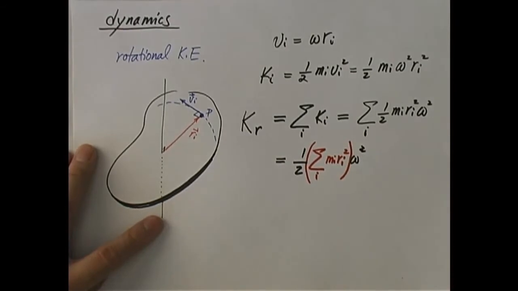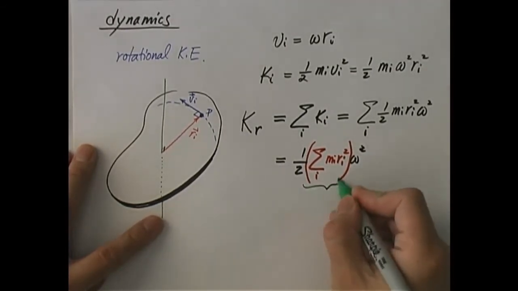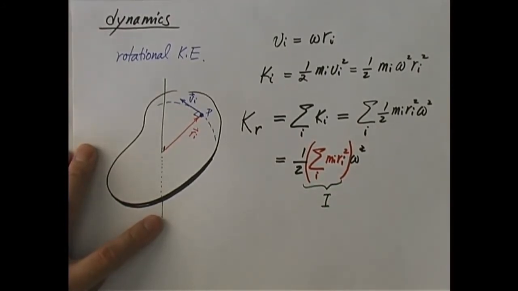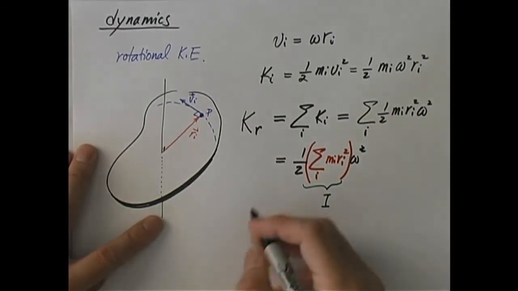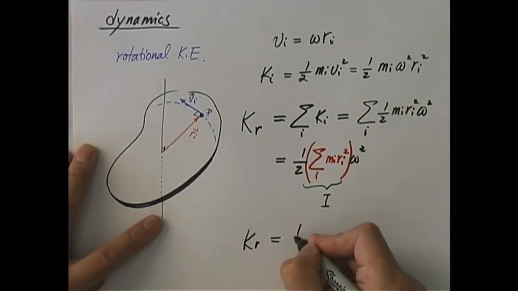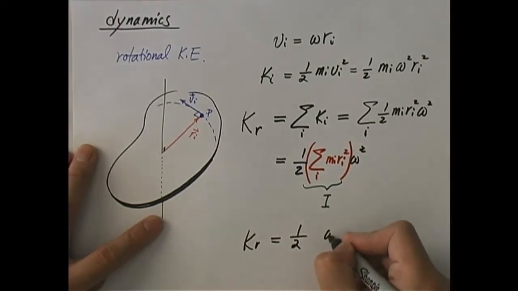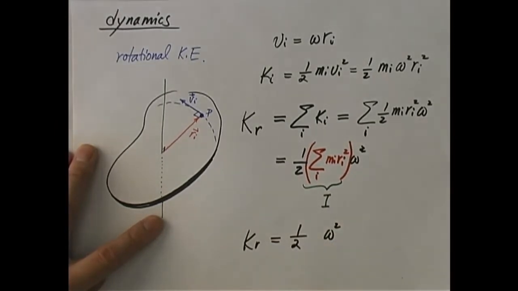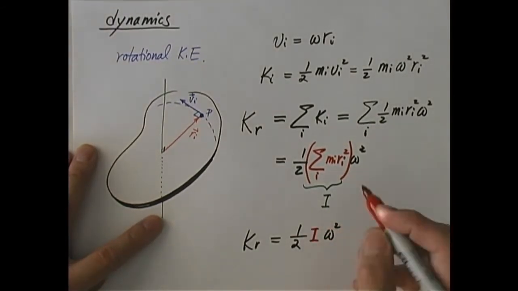Let me give it a name: we call it I. Then I have an expression for the rotational kinetic energy of the object: K_R equals 1/2 I omega squared. I'm still going to use a red color for it because it's a new quantity. We're going to focus our attention on I in the next step.